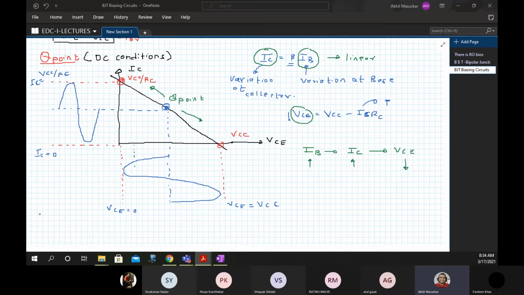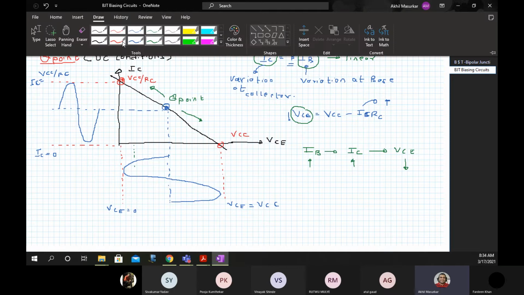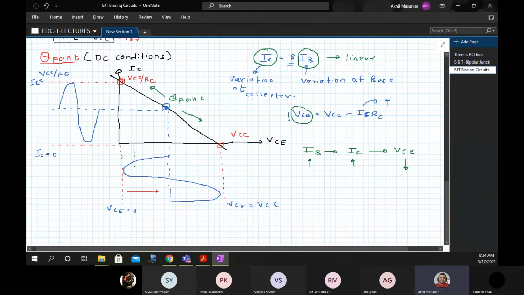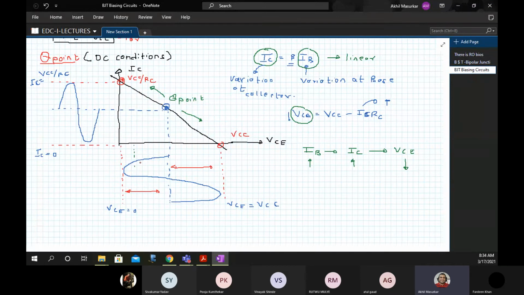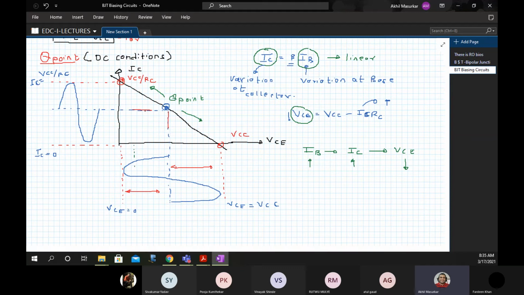So this swing that we have here should be equal, otherwise the signal will become non-linear. This implies that the output voltage swing must be symmetrical above and below the bias point.